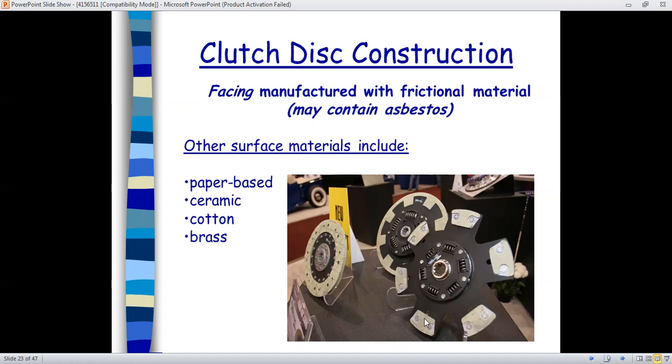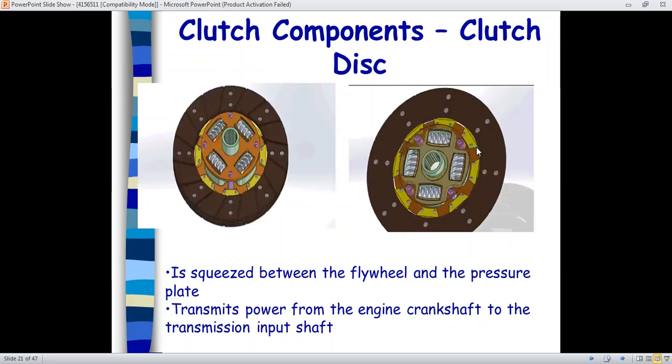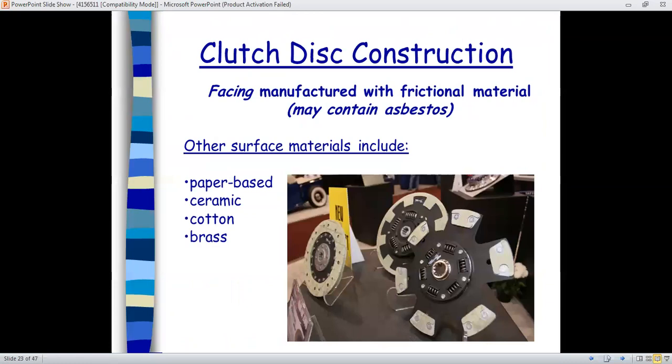There are six segments, and the segments reduce the weight of the clutch disc because there is no material in between. Compared to this, the overall complete disc is used here, but here you can see it is not using the complete disc, just some small segments.